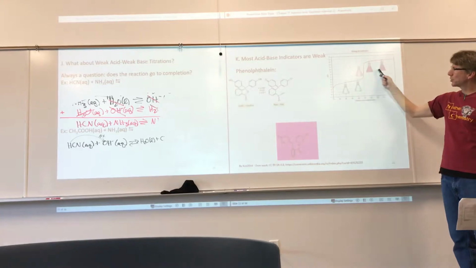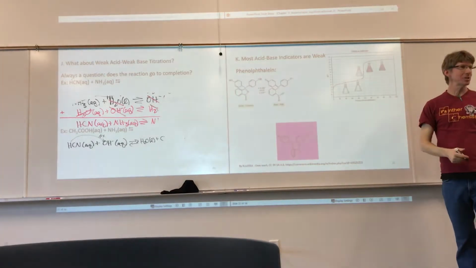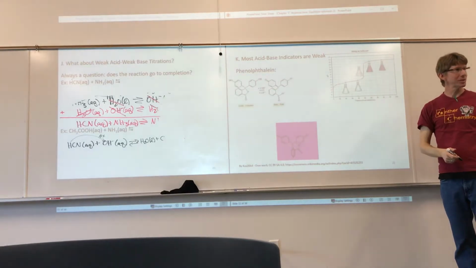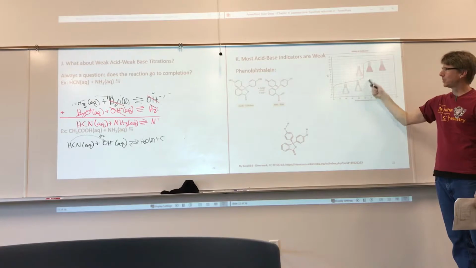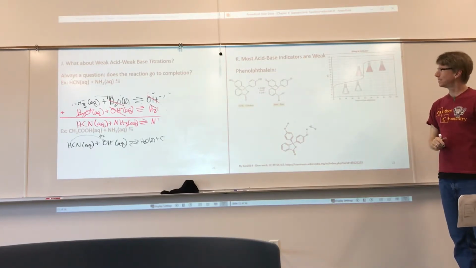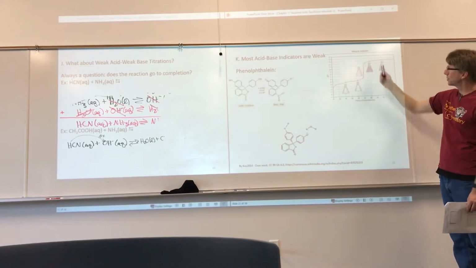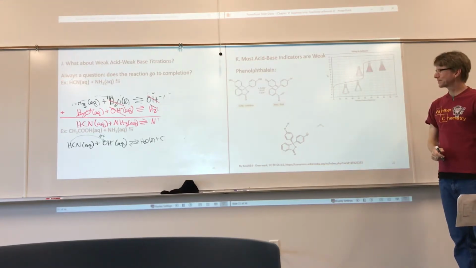We only add 2 or 3 drops of indicator to the solution. It is not the dominant acid in the solution or the conjugate weak base, and it goes along for the ride and responds to the pH, say, of a buffer or an equivalence point or a strong base.